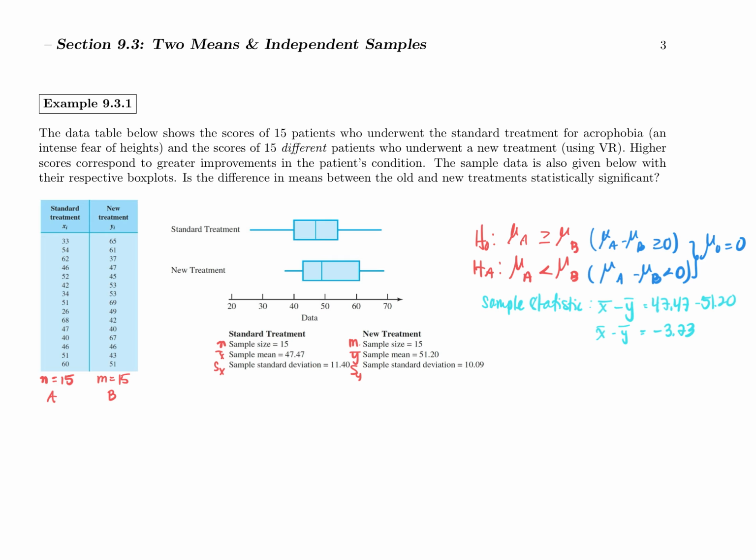So this is when you have to make sure everything is matching, right? All of our signs are jiving here. Our sample statistic is x bar minus y bar. It should match what we have in our alternative hypothesis, which is that the difference of A minus B is less than 0. We got x bar minus y bar, which is A minus B, and it's negative. So that does hold true. So far, we're on the right track.